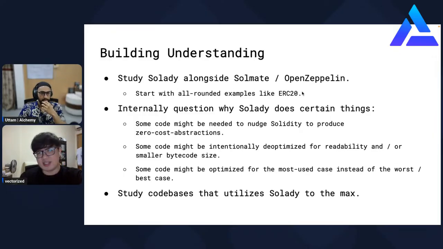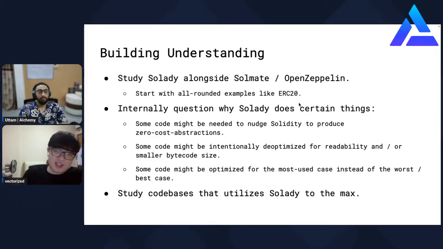I would recommend starting with examples like ERC20 because it touches events, it touches call data, it touches, I think, precompiles, it touches pretty much everything. So I think ERC20 is not too difficult to get an introduction. Also, it covers a lot of topics.